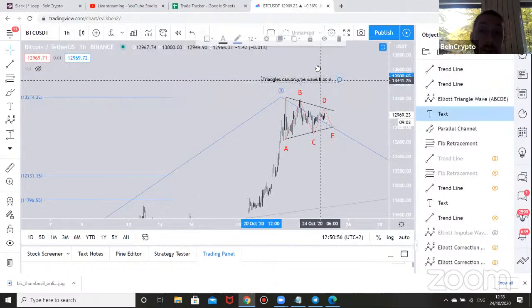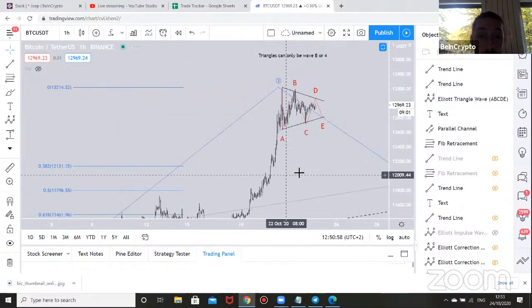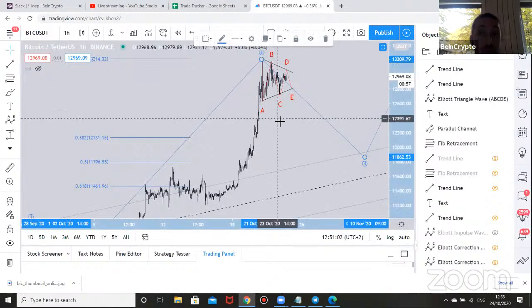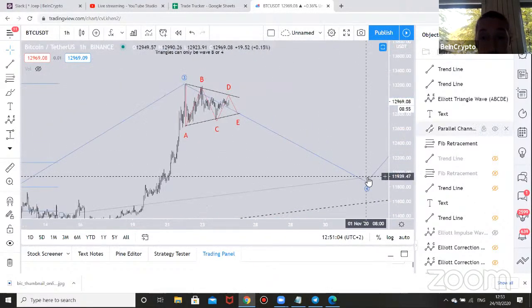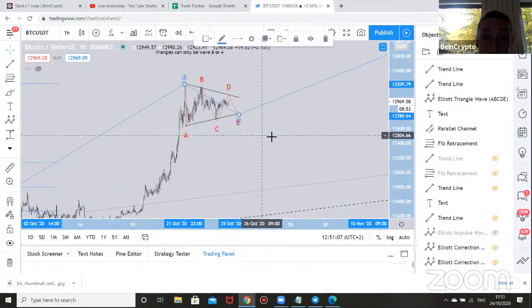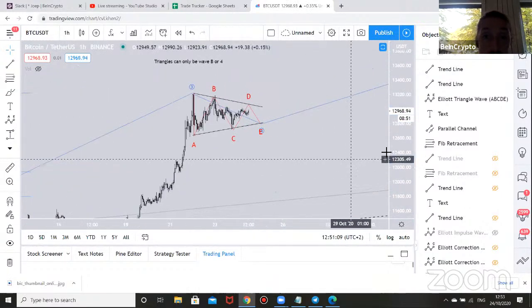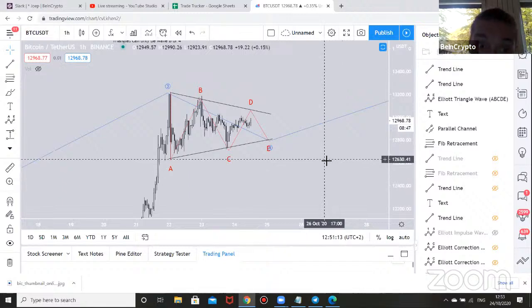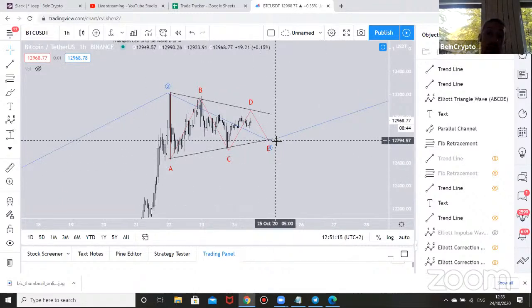Now, this can easily be wave 4, right? The only thing which doesn't make a lot of sense to me is just how small it is, so it has to be something like this. But again, wave 4s can often be very shallow. So it is possible it's a triangle, I'm just not sure it is.